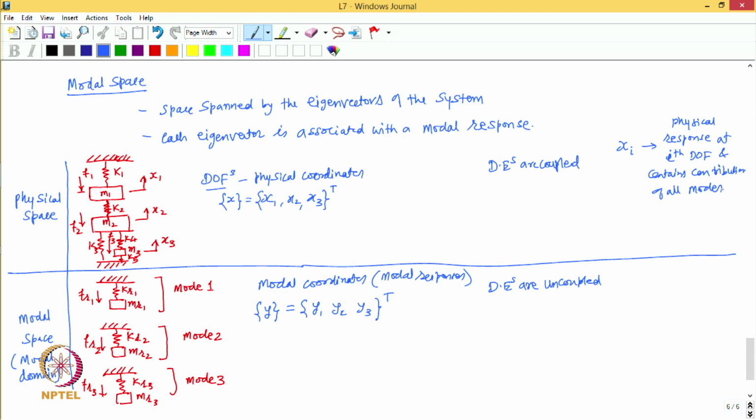So, xi tells us the physical response at ith DOF, taking into account response due to all modes. The contribution of all modes is included in it.